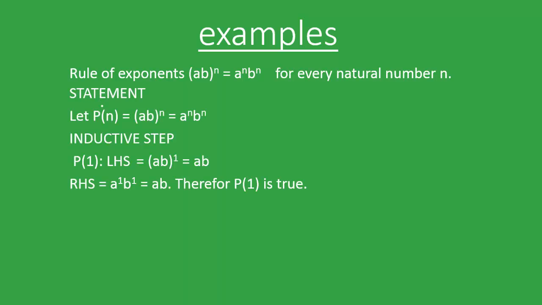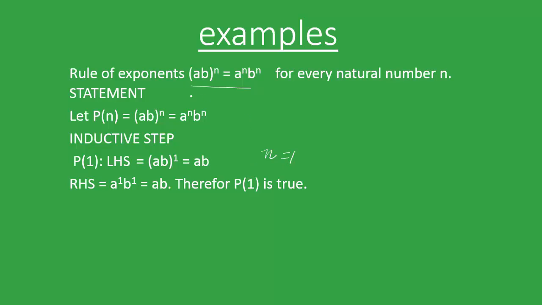The process involves first assuming that the given statement is Pn. So Pn is: (ab) raised to the power n equals a to the power n into b to the power n. The second step involves proving the statement to be true for n equals 1.